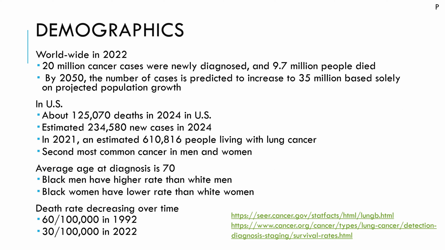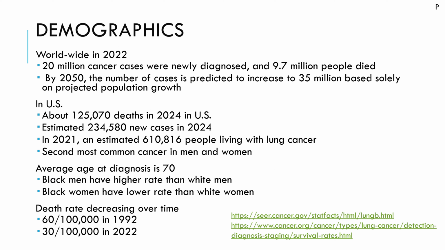In 2021, again, the latest statistics that I could find, there was an estimated over 600,000 people actively living with lung cancer in one form or another, at one stage or another. Lung cancer is the second most common cancer both in men and women. The average age at diagnosis is 70, but it can vary quite widely.